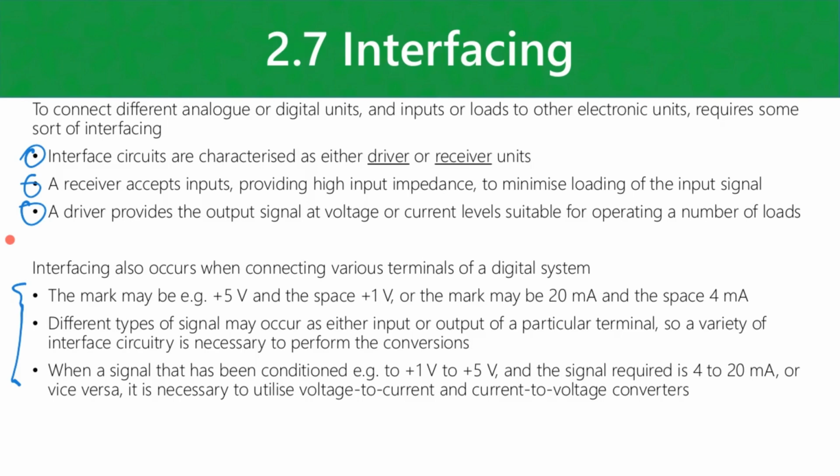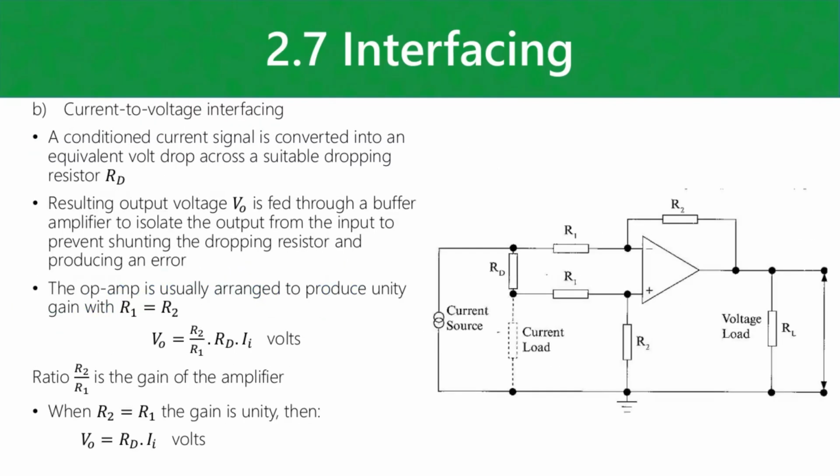You're going to need a driver circuit for that as well. So you can't just directly connect your control electronics to your motor. You're going to have some interface in between that.